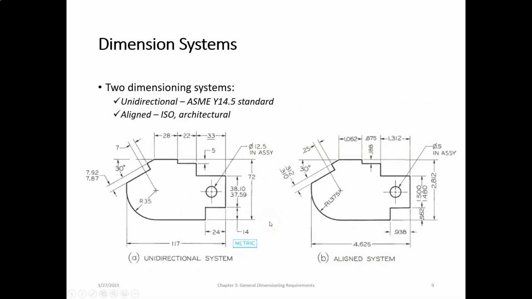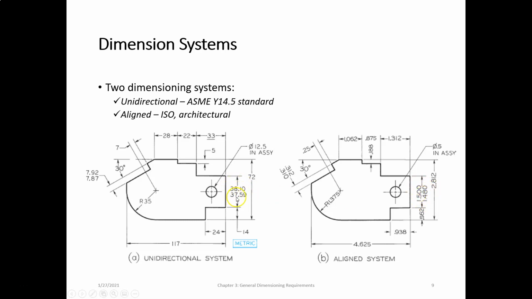All right, dimension systems. We use the system on the left-hand side universally, metric or inches, it doesn't matter. In the United States, under the ASME Y14.5 standard, we use the unidirectional system. Overseas, in Europe, they use what's called the aligned system. You can see it most clearly on the side dimensions here.